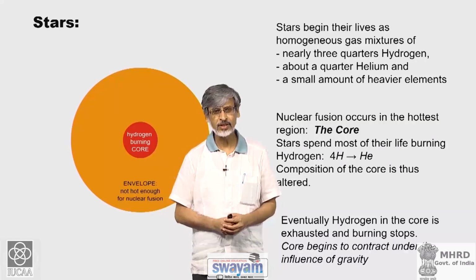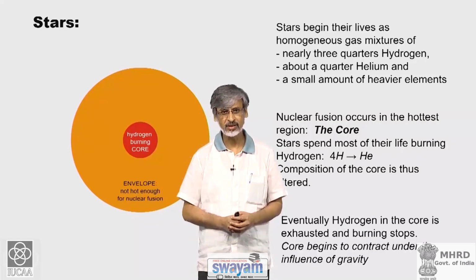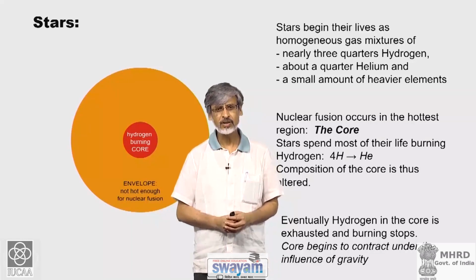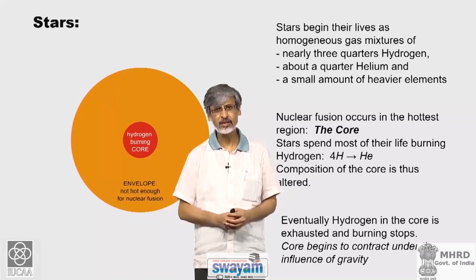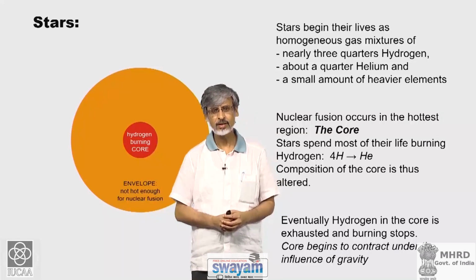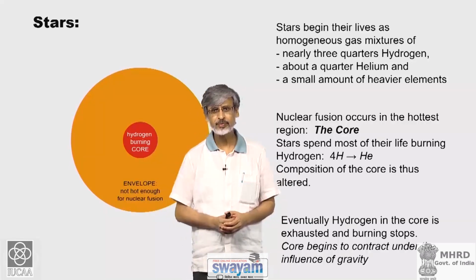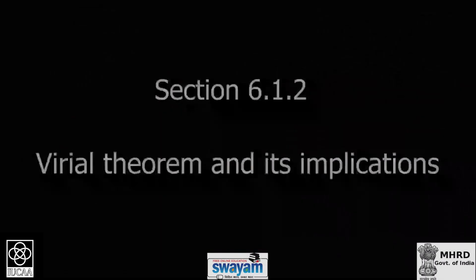As the central source of energy dries up, the equilibrium is now disturbed. So, in the core there is no more energy supply, but there is energy lost from the surface. So, the star begins to contract, particularly the core begins to contract rapidly under the influence of gravity.